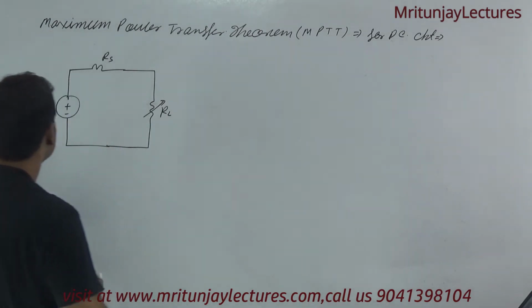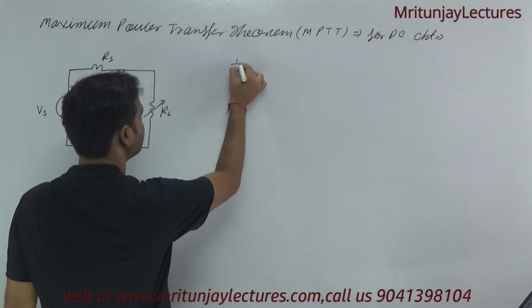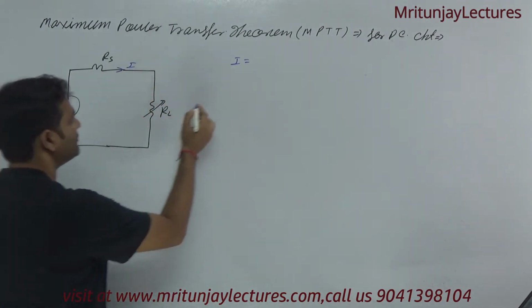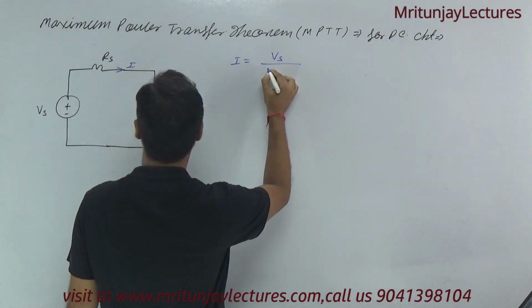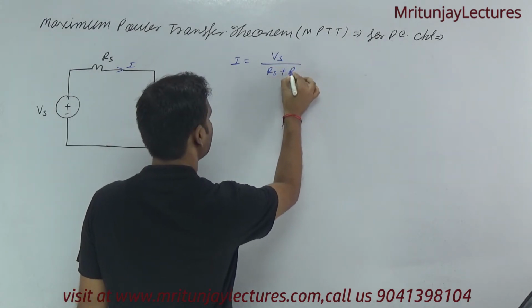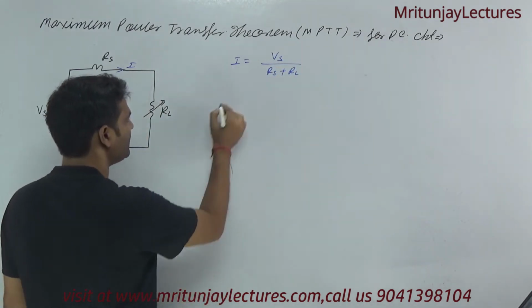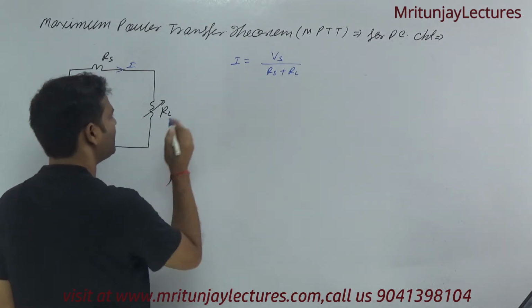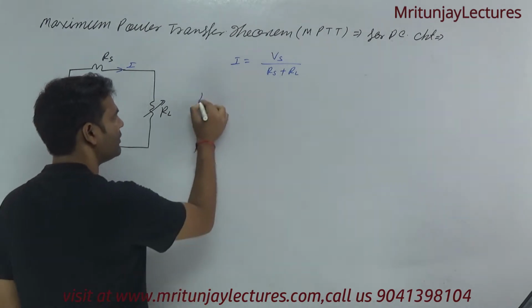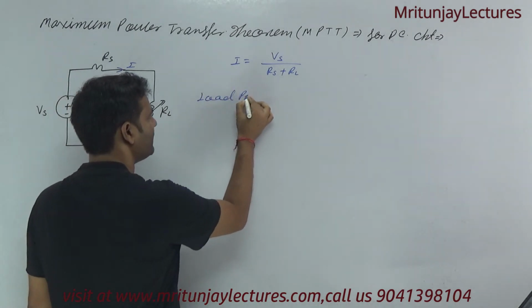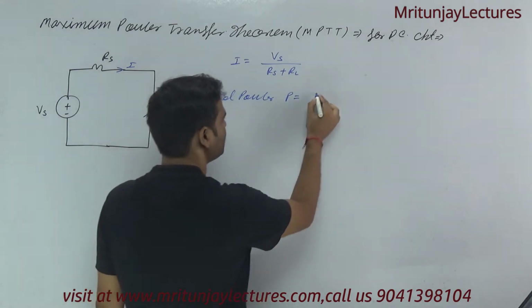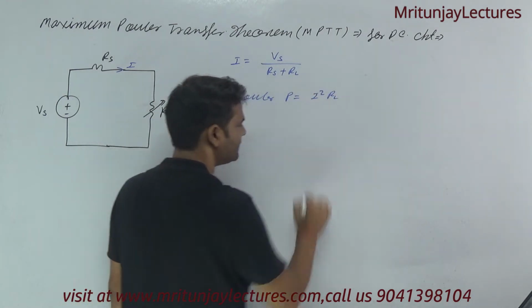So what about current? The current I is equal to Vs divided by Rs plus RL. Now what about power? Load power P is written as I square into RL.